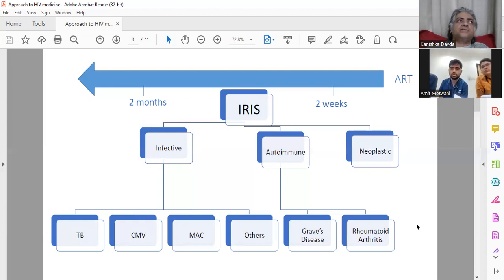So basically, if a patient has already reached stage 4, has reached Mulund for example, he is sort of colonized with a lot of bugs because his immunity is so low. So as you start him on ART and his immunity increases, the body starts recognizing all of these germs which earlier it was not recognizing.